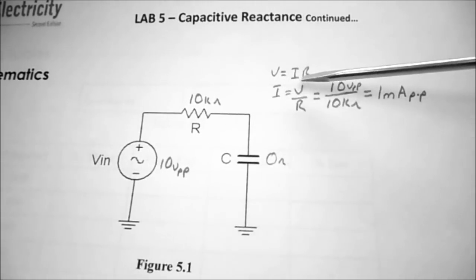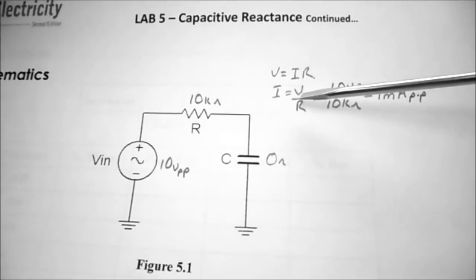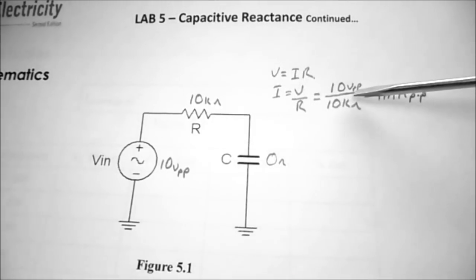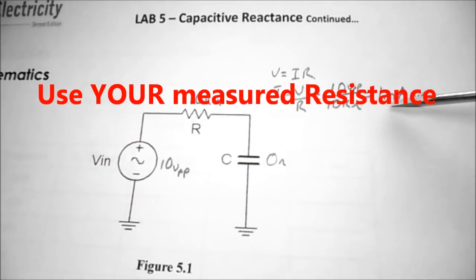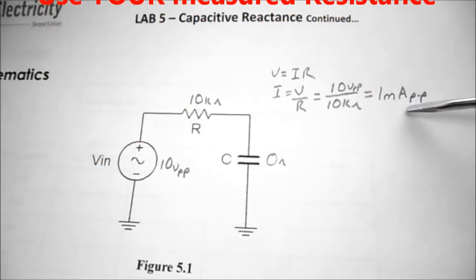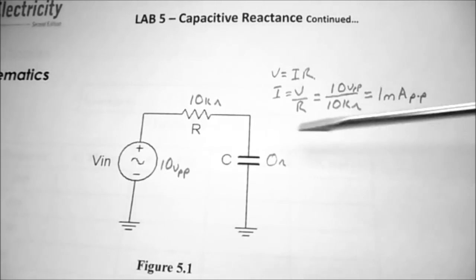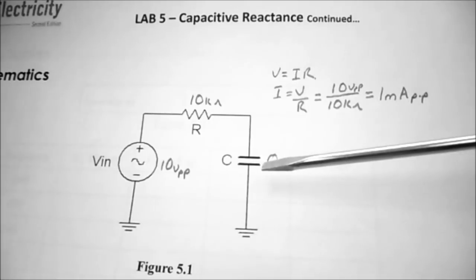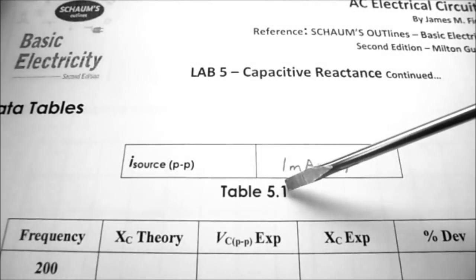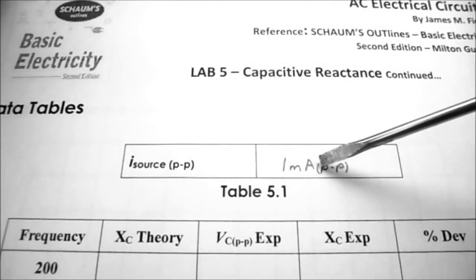So I equals V over R, which is 10 volts peak to peak divided by 10k ohms. So we're looking at 1 milliamp peak to peak circulating in our circuit, assuming XC is very, very small. So in table 5.1, I've recorded 1 milliamp peak to peak.